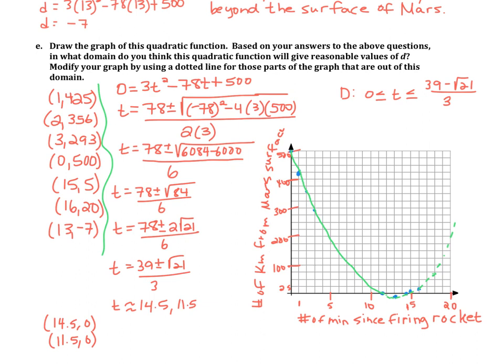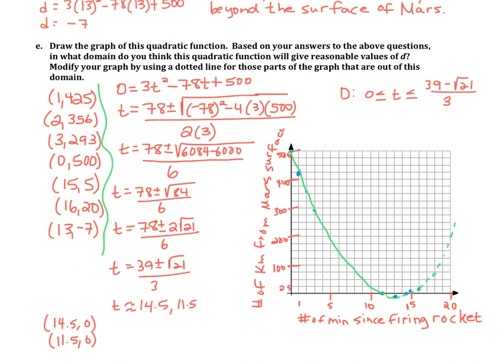And then from a scaling perspective, if I look at all my T values, this is a 20 by 20 grid, so I just scaled my independent axis by ones. But if I look at all my distance values, I ended up scaling my dependent axis by 25. So I went up 4 units, 100, went up 4 more, 200, etc. So I got to the very top of that dependent axis, and that indeed was 500.